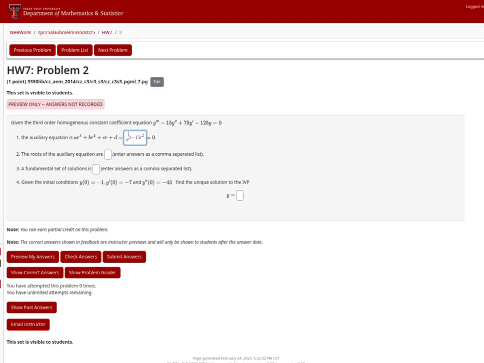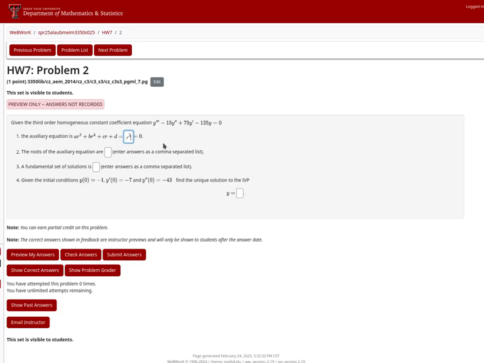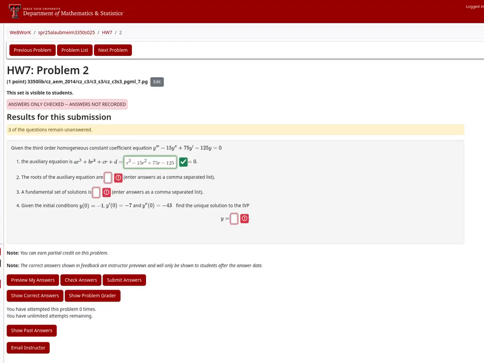I'm not good at WebWork. Minus 15r squared plus 75r minus 125. Okay, cool. So that looks right.